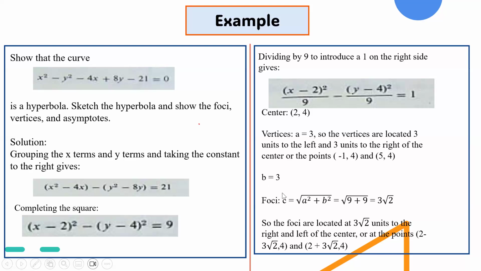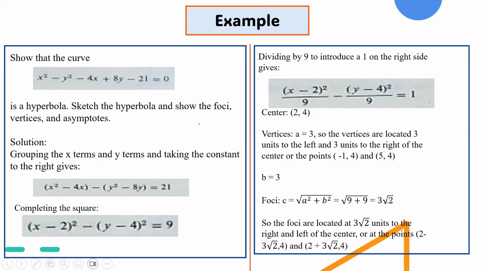b is equal to 3. b squared is 9, we square 3 and we end up with 9, so that's why b is 3. The foci formula is c equals the square root of a squared plus b squared. Plugging in that, we end up with 3 square root 2.